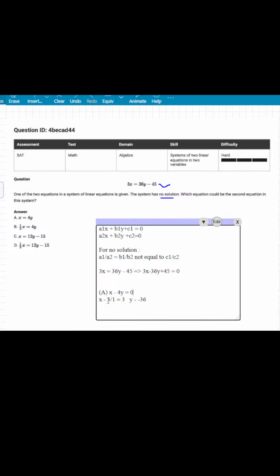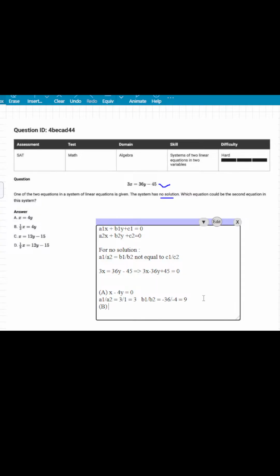So the ratio of x coefficients, a1 by a2, is equal to 3, and b1 by b2 will be minus 36 by minus 4, which is 9. So they are not equal, so this is not the correct answer.